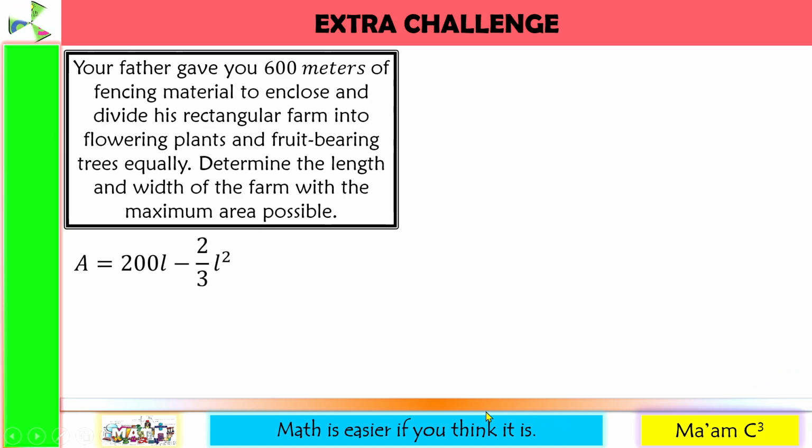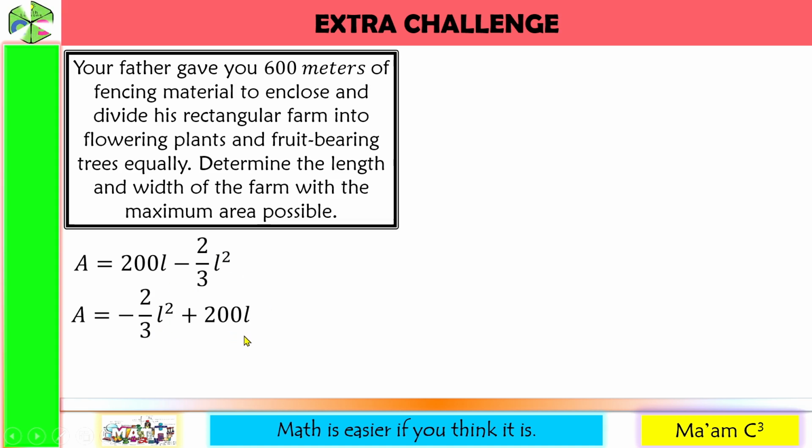Let us continue. This time, I'm going to rearrange this in such a way that the quadratic term is written first. So this will become A is equal to negative 2/3 of L squared plus 200L. I just rearrange this so that the quadratic term is written first and then followed by the linear term.